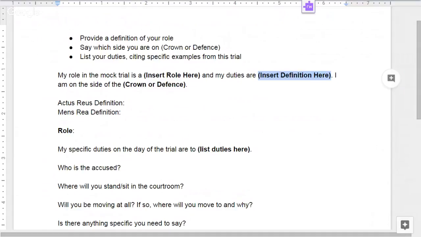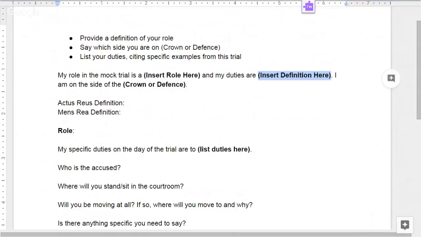If you open up the information for it, it'll explain to you if you're on the Crown or defense side. Everybody else, Dylan Zolski, Michael Watson, Matt Tennant, you are all on the Crown side. So you would knock out the word defense and you would put Crown.